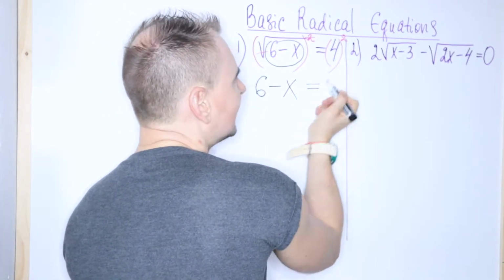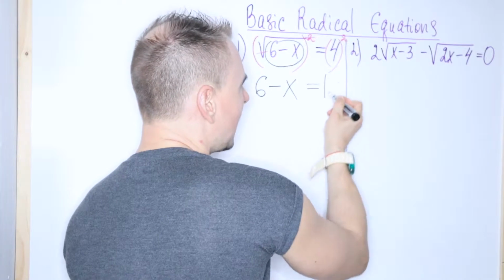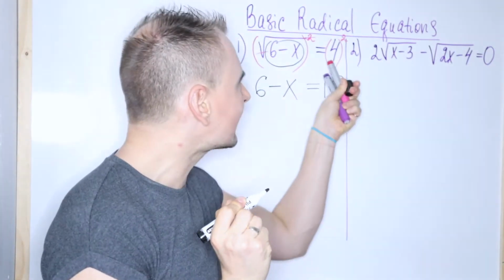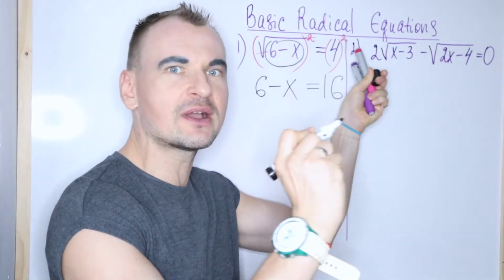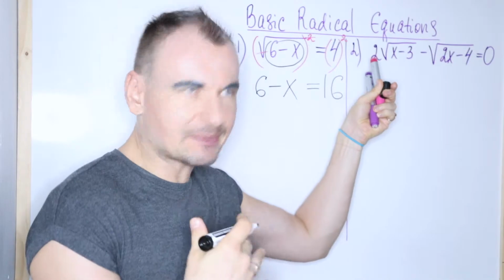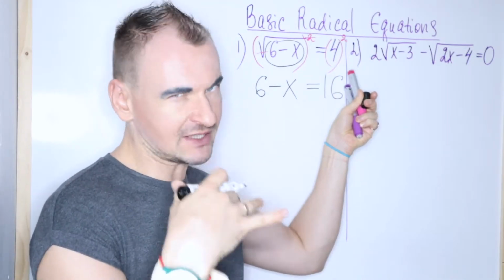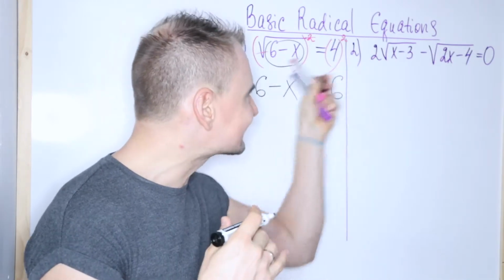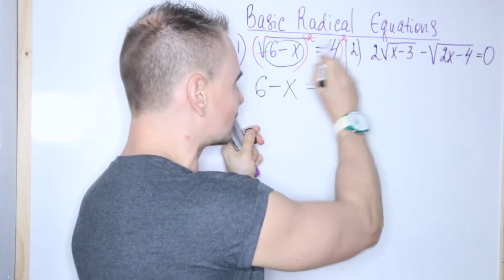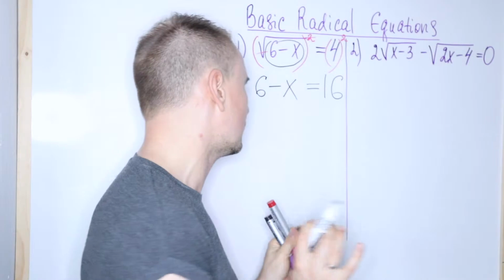On the right side, 4 to the second power gives me 16. Do not forget to raise this number, or whatever you have on the right side. Sometimes it comes as an expression in x to the second power. That's vitally important, and some people forget to do this step. So you're raising to the second power both sides of your equation.